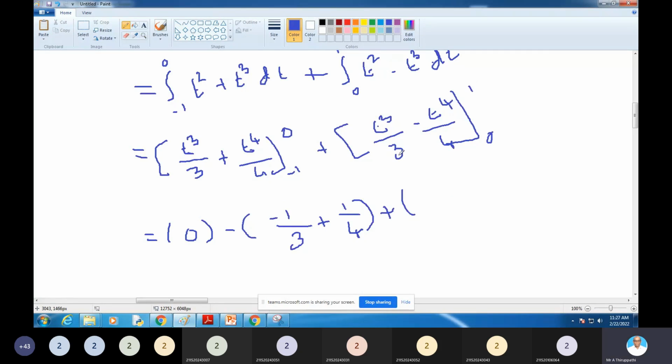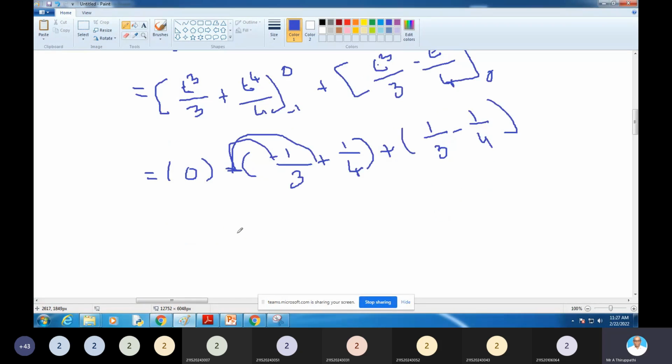First put 1 by 3 minus 1 by 4. The minus is taken common, so inside it becomes minus plus minus. So 1 by 3 minus 1 by 4, plus 1 by 3 minus 1 by 4.